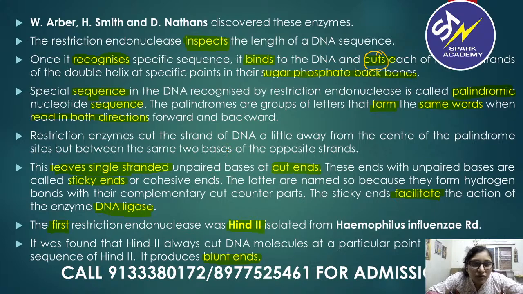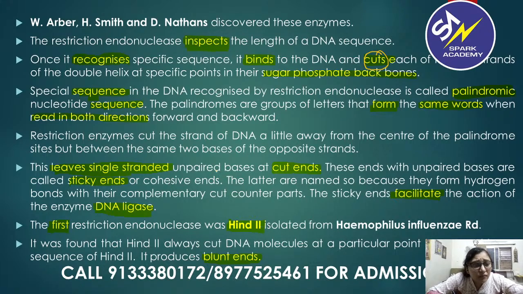Okay, so after cutting, if the restriction enzyme leaves single stranded unpaired cut ends, that means it is leaving behind sticky ends. These ends, if single stranded, are known as sticky ends. So it will facilitate the activity of ligase.